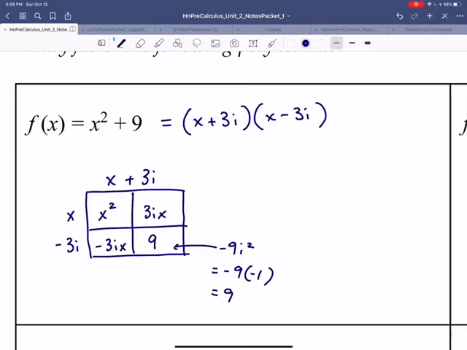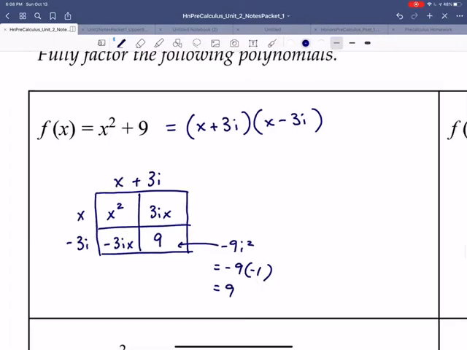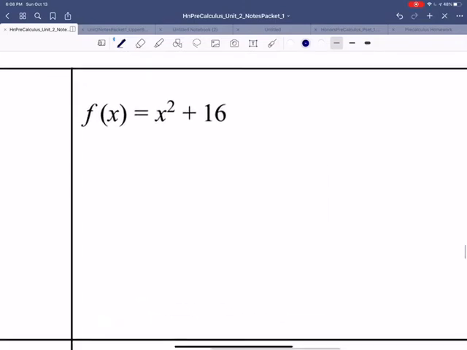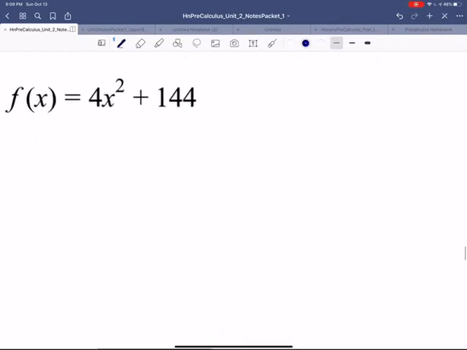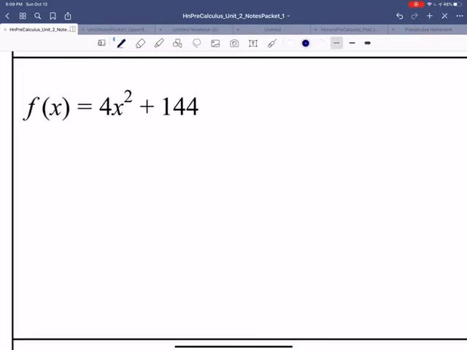And now we can apply this pattern to factor other sums of squares. So for example, x squared plus 16 factors as x plus 4i multiplied by x minus 4i. 4x squared plus 144, well first let's factor out 4.